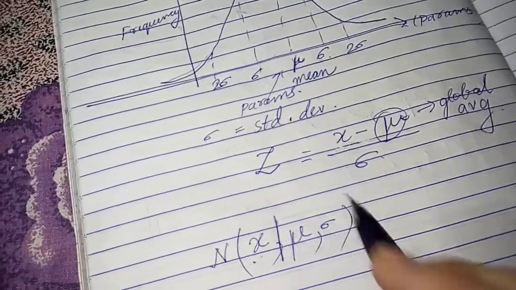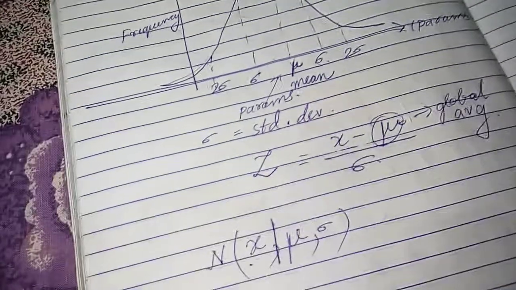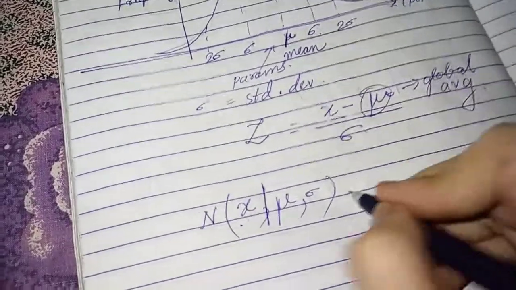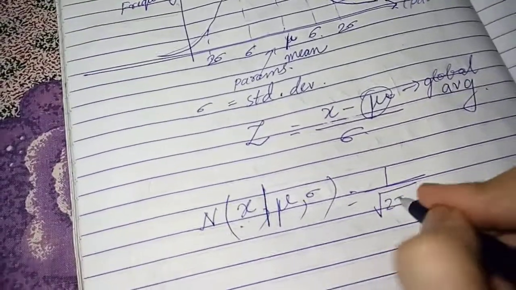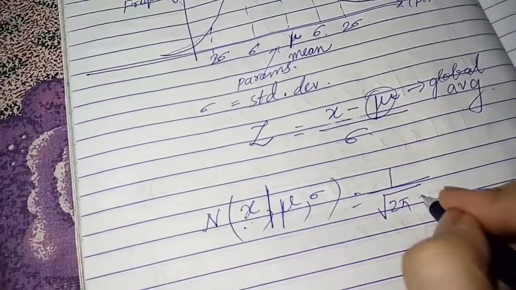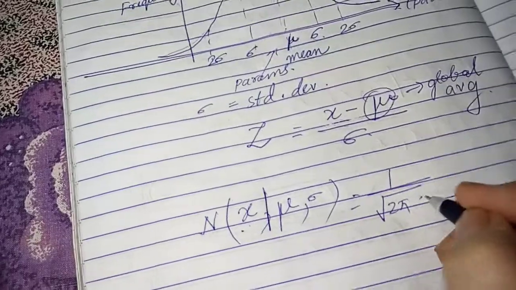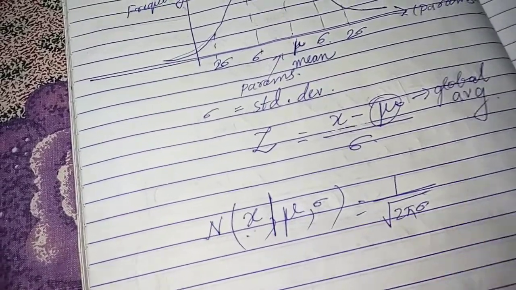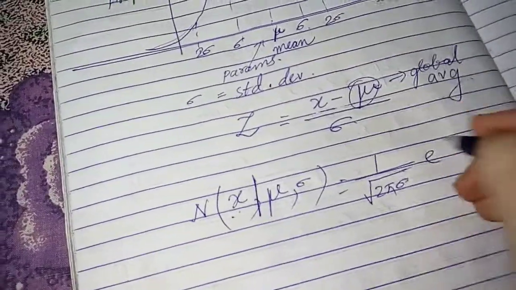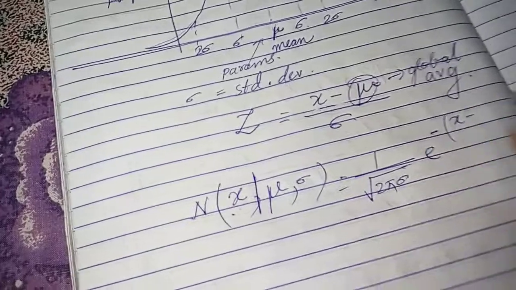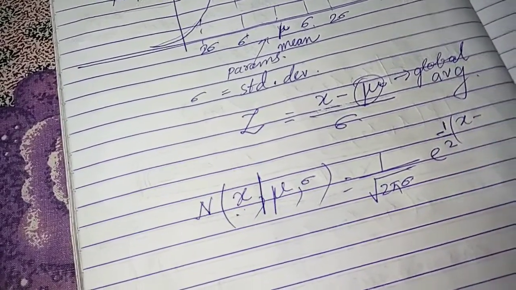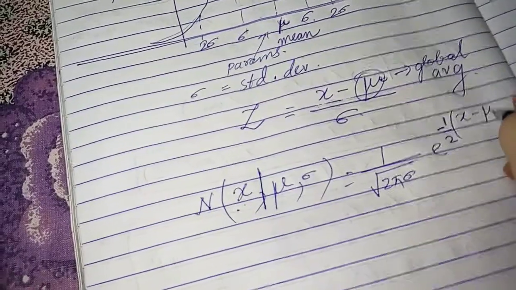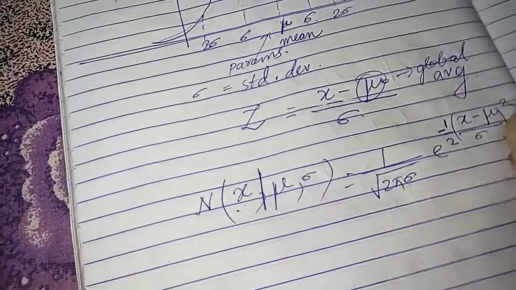So you need to have these two values. In the simple case it is going to be 1 by root under 2 pi sigma times e to the power minus 1 by 2 times (x minus mu divided by sigma) whole square.